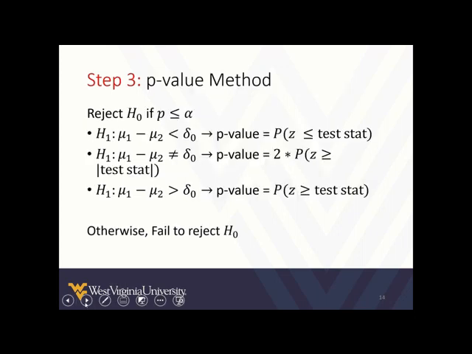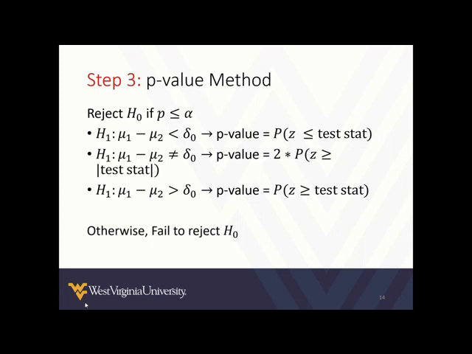If we decide to use the p-value method, we will still follow the same two-sided rules for calculating the p-value. If we are in the less than case, then our p-value will be the probability of z less than or equal to our test statistic. In the two-sided case, our p-value will be 2 times the probability of z being greater than or equal to the absolute value of our test statistic.